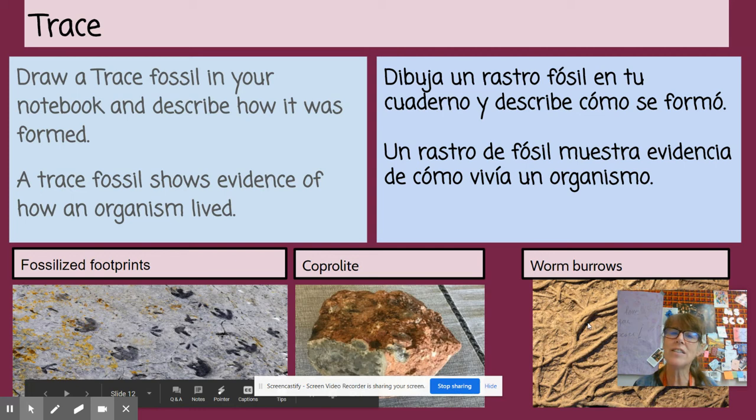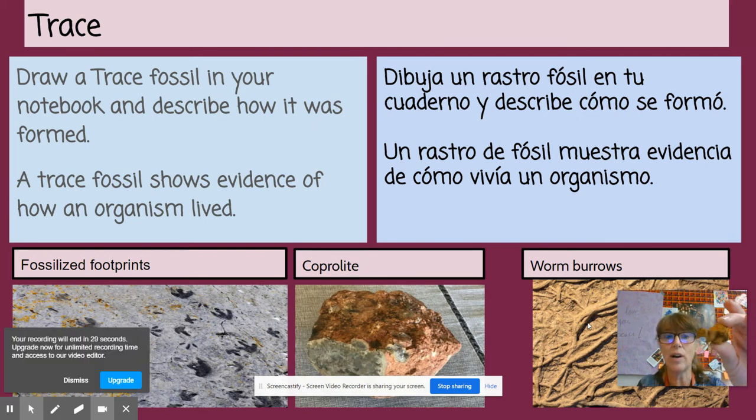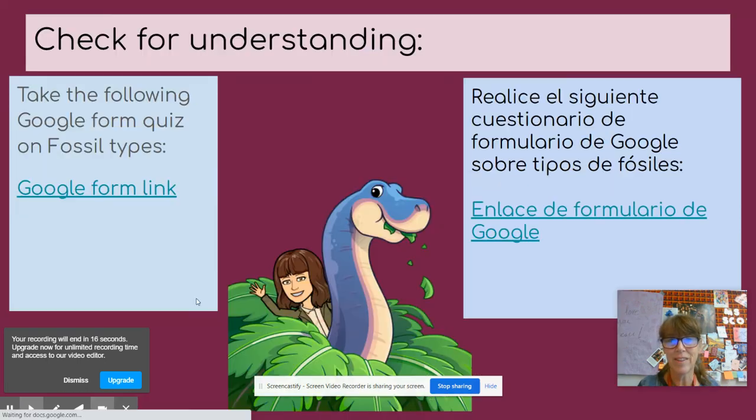A trace fossil is anything that shows their life, right? So fossilized poop might give them an idea of what they ate or how it was digested. Wormholes give an idea of the fact that they burrowed, or footprints also is considered a trace fossil.